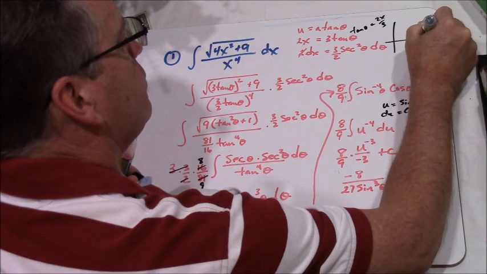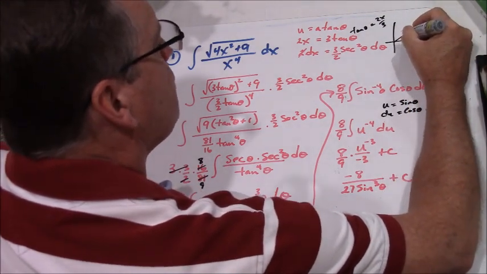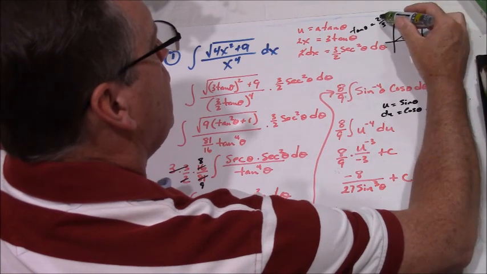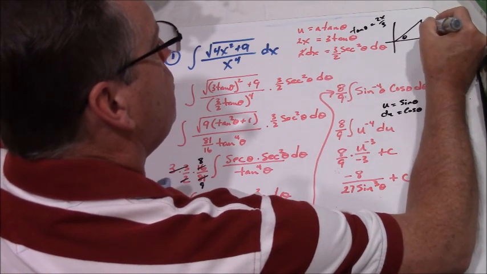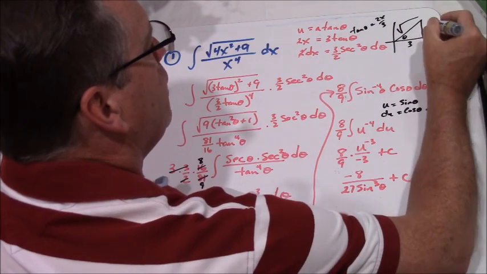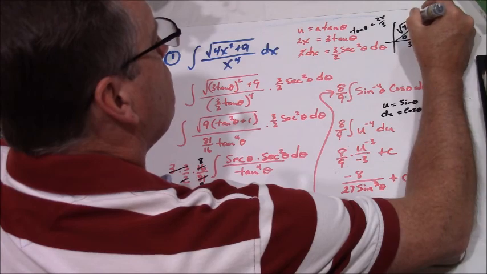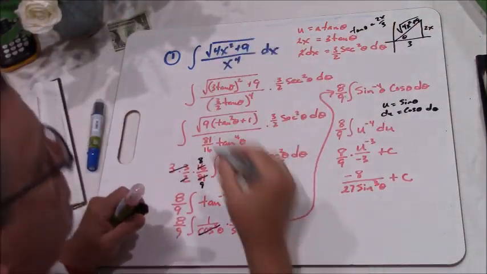And so then I'll draw my triangle. Here's theta. Tangent is opposite over adjacent, so that's 2x, that's 3. This will be the square root of this squared plus this squared, so 4x squared plus 9. That's what we had to begin with.